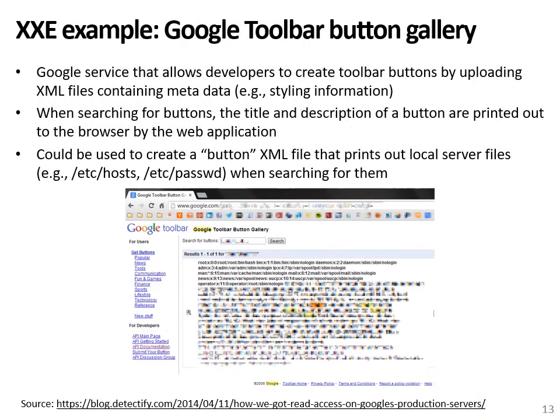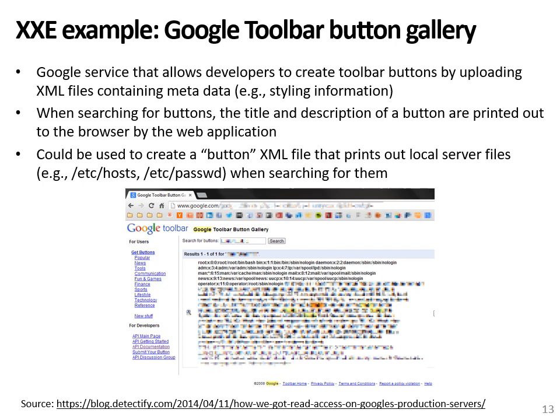You may believe that such vulnerabilities only happen to obscure websites, but this is not the case. And here I have an example of an XXE vulnerability that was present in the Google toolbar button gallery in 2014 and was discovered by some researchers.